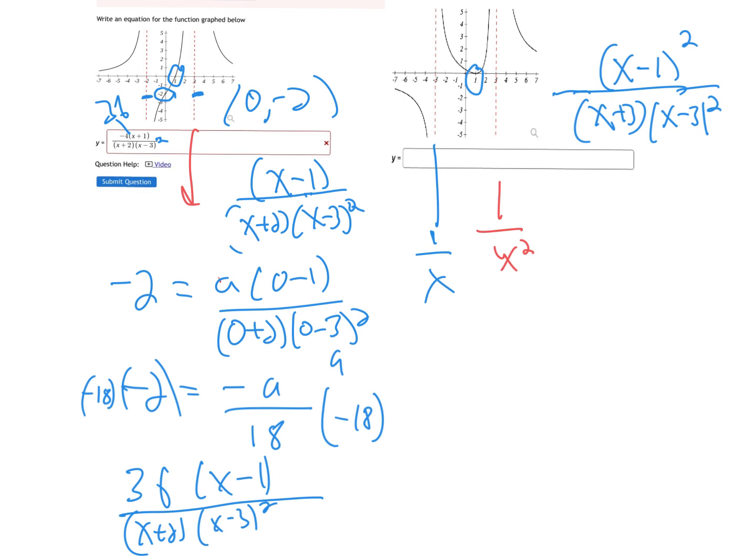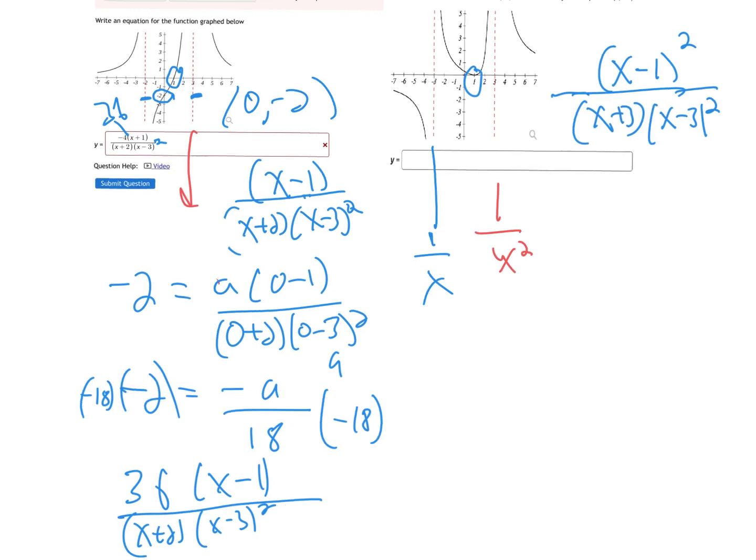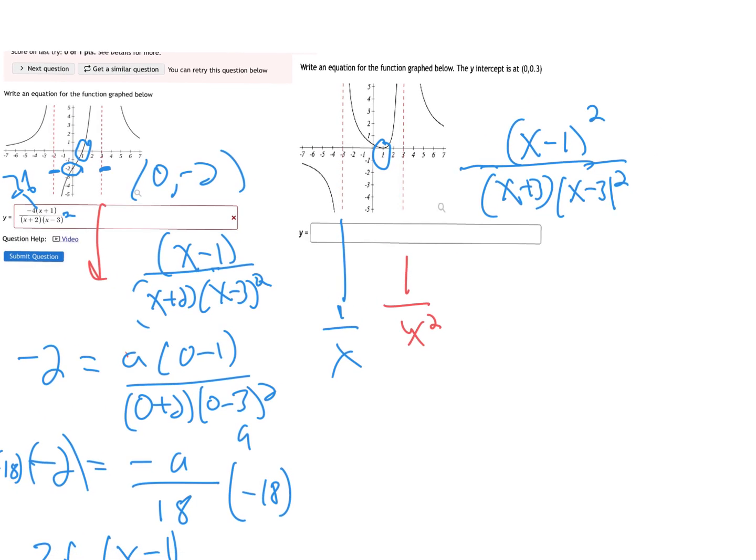So then, for this other one, let's see. Not a very nice looking y-intercept, but fortunately they tell us that the y-intercept is 0 and 3/10. So I like fractions. I'm going to do this with fractions. You could certainly do this with decimals.